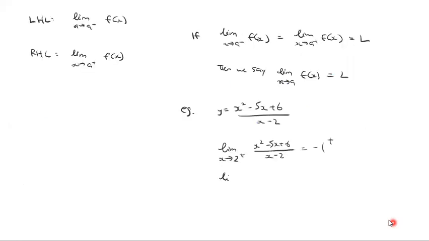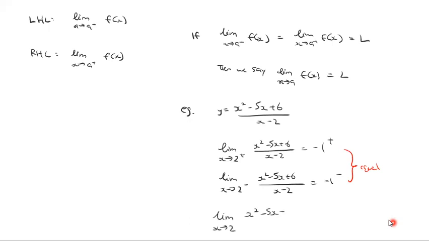The limit as x approaches 2 from the negative side of x squared minus 5x plus 6 over x minus 2 is -1 on the negative side. Now, because these are equal, we can therefore just say that the limit as x approaches 2 of x squared minus 5x plus 6 over x minus 2 equals -1.